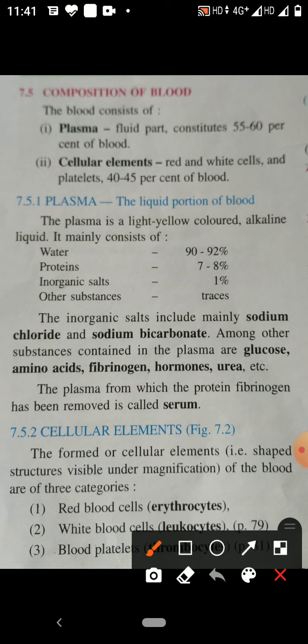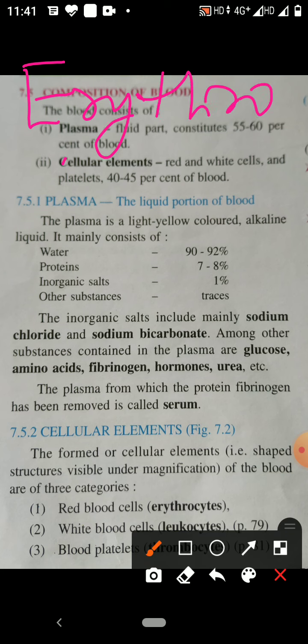So first you see red blood cells, that is erythrocytes. Red blood cells are minute biconcave disc-like structures.